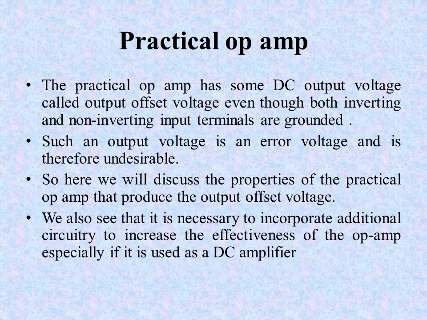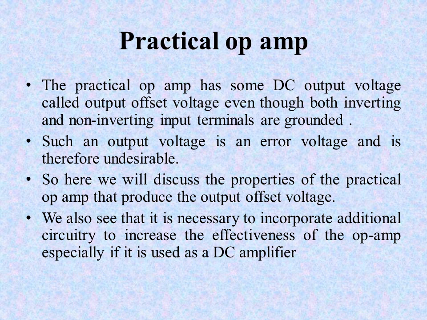We will also see that it is necessary to incorporate additional circuitry to increase the effectiveness of the op-amp, especially if it is used as a DC amplifier. We'll discuss how we can reduce this output offset voltage.